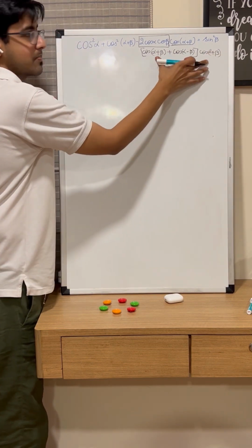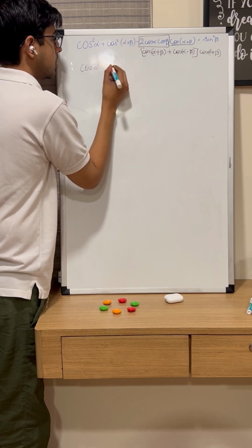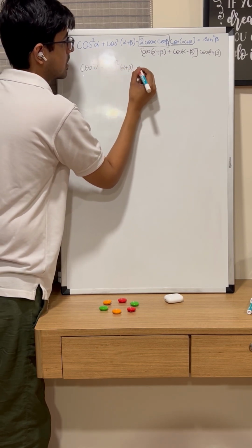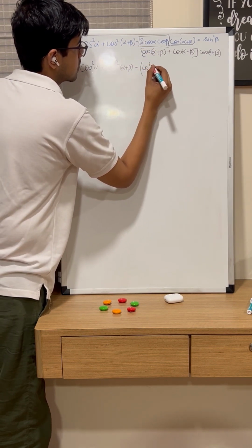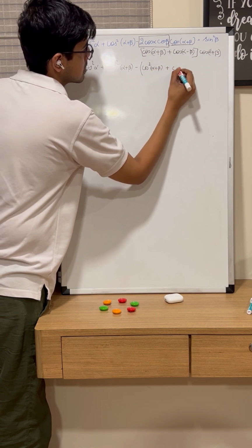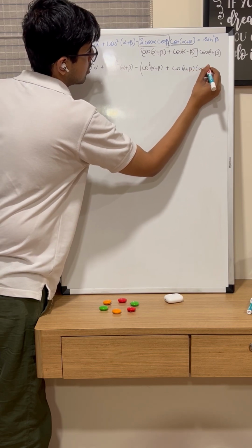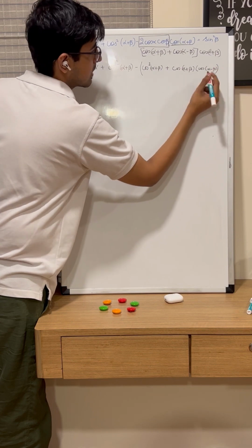So when I expand this, what I get is cos square (alpha plus beta) minus cos square (alpha plus beta) minus cos (alpha plus beta) into cos (alpha minus beta). Right?